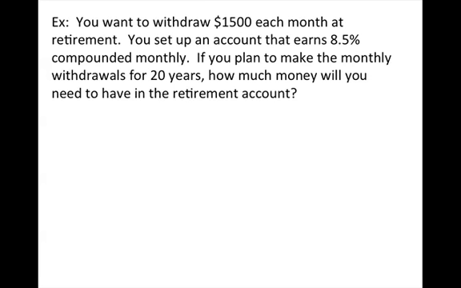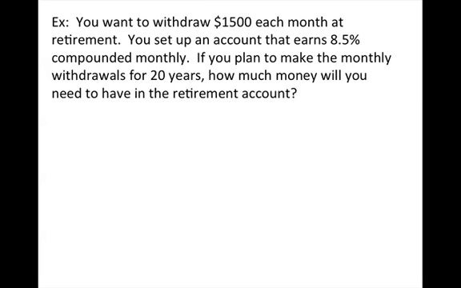The next thing you have to decide is, am I making a single deposit or a single withdrawal, or am I doing this over and over? This is a retirement account in which I want to withdraw $1,500 every month. So this isn't the lesson 5.2 formulas. These are the more complicated formulas where I'm making the withdrawals or the payments over and over.